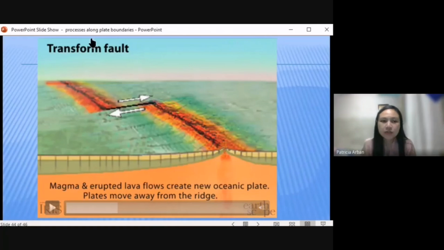Meaning, the transform fault is the sibling or always attached to the divergent plate. Meaning, when there is a divergence between two plates, there is a possible spot where the sliding of the plates happens. As you can see here.